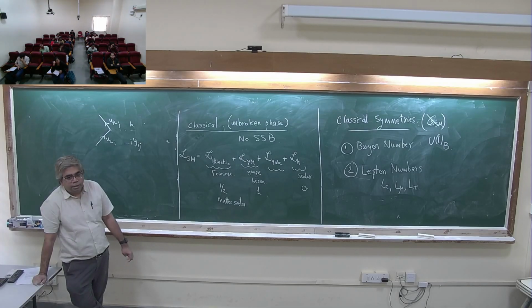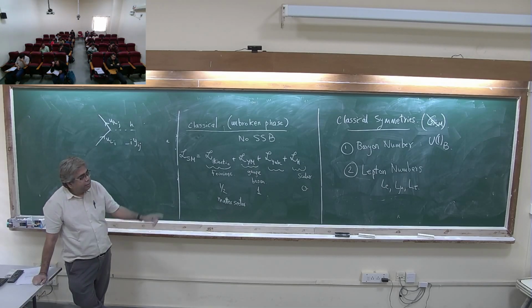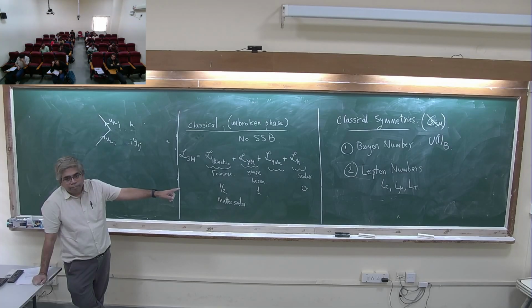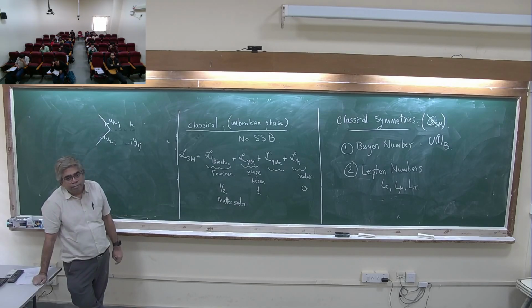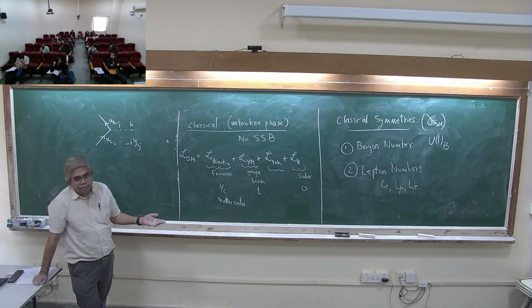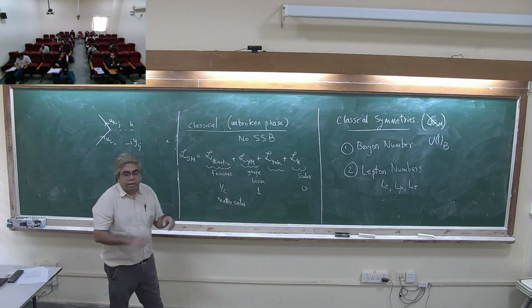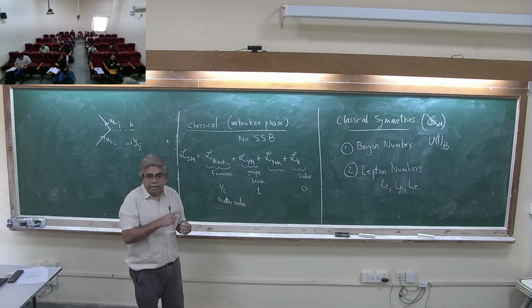The problem is that if you want to add neutrino masses, this won't hold true anymore. If you add right-handed neutrinos, for example, this won't hold true, because for right-handed neutrinos you can always add a Majorana mass. They are not constrained by any gauge symmetry. Left-handed neutrinos are constrained by the left-handed gauge symmetry.